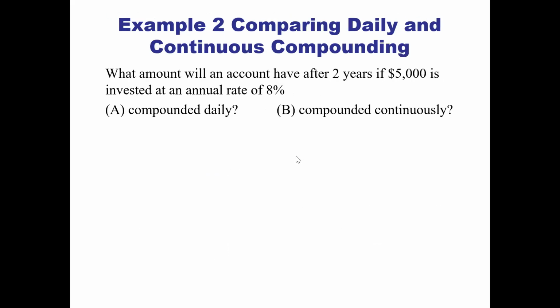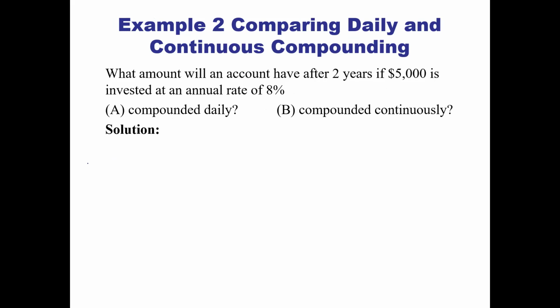All right, so we have here: what will an account have after 2 years if $5,000 is invested at an annual rate of 8% compounded daily and compounded continuously? We have to remember there are 2 different formulas here.